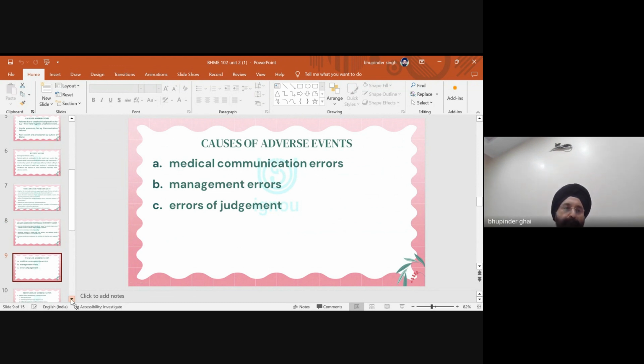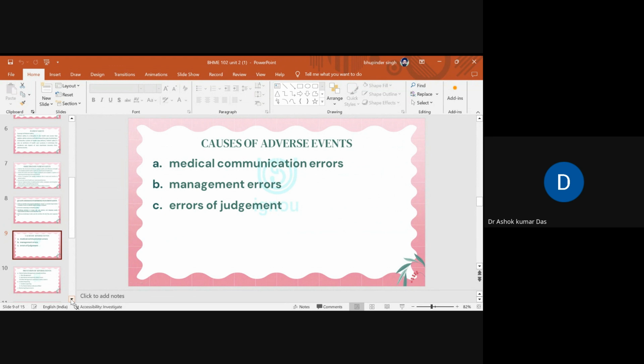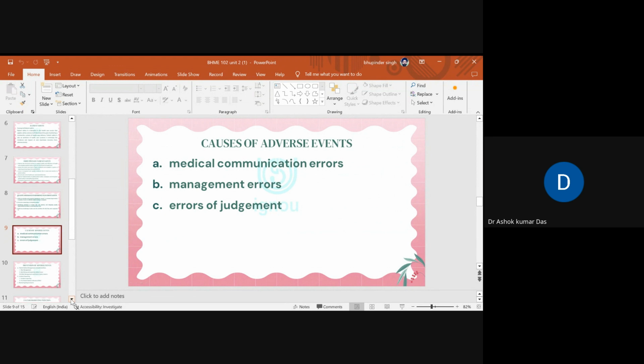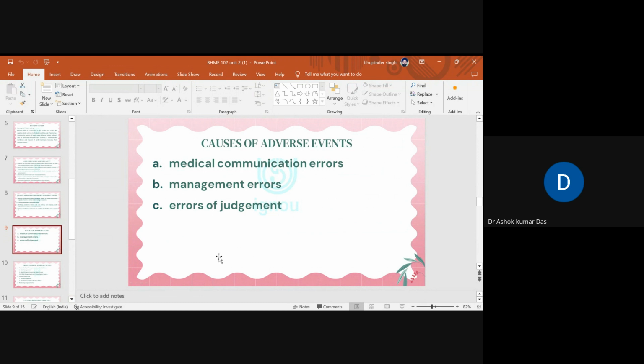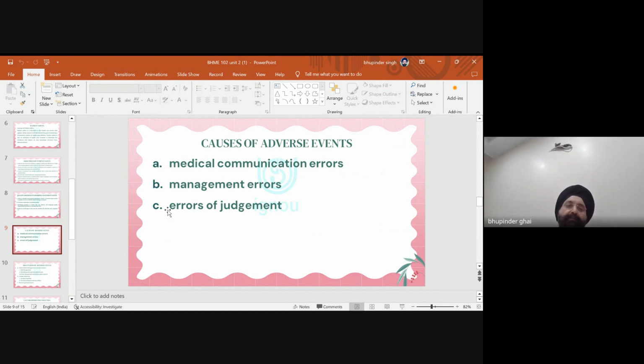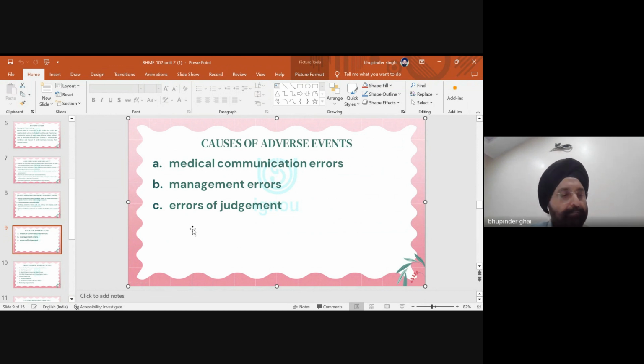Sir, please give an example of errors of judgment. Sorry, which one? Errors of judgment. Example. So medical science is based on evidence.